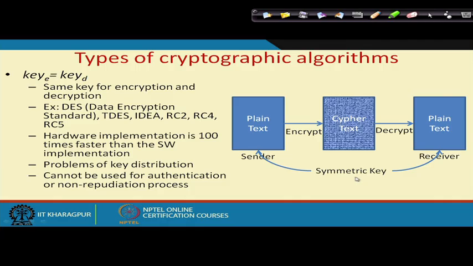You might think, okay, I will encrypt the symmetric key itself and send it, but that will again require another symmetric key. Sending this key is not possible unless you have another mechanism to send it.